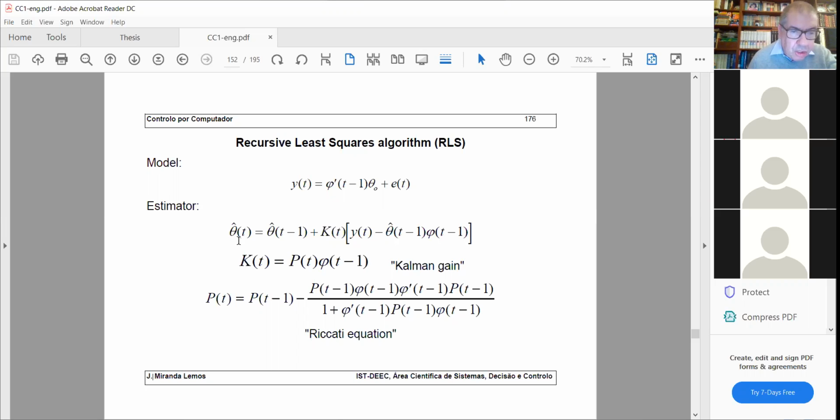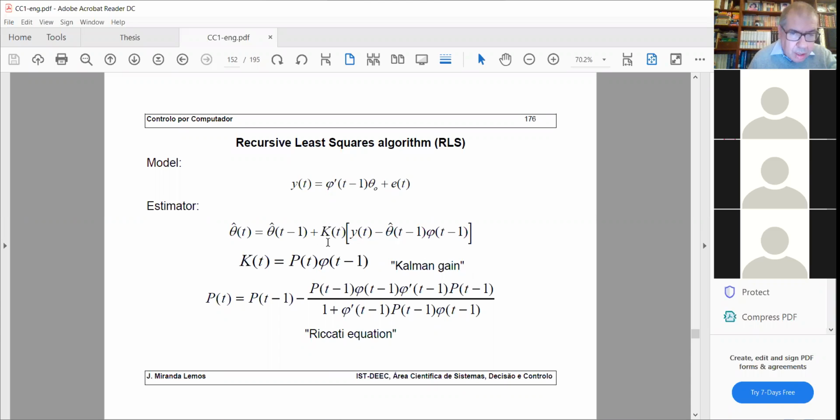It says the new estimate is the previous estimate plus some correction. And it's reasonable to assume that the correction depends on your capacity to estimate y of t, the output that you are observing. So you put here just some gain.